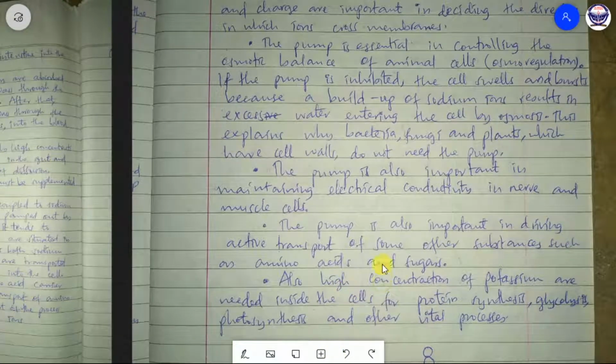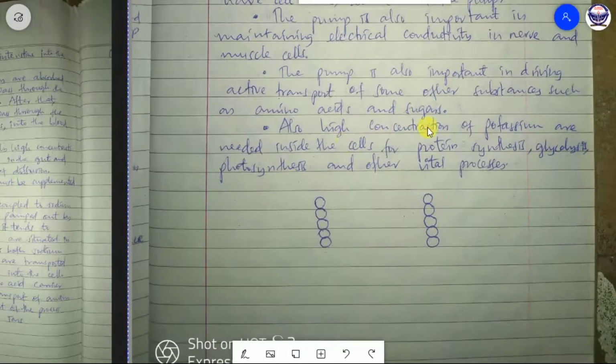Also, we are saying that a high concentration of potassium is needed inside the cell for protein synthesis, glycolysis, photosynthesis, and other vital processes. As we know, these minerals are used in different processes or different functions of the body.